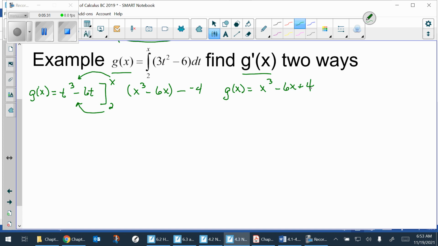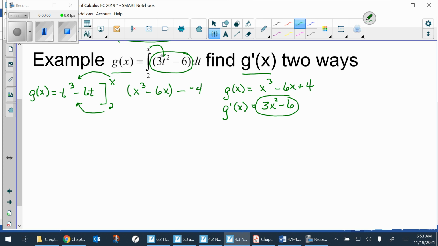Now the goal is to find g prime of x, so we'll take the derivative of that. Derivative of that is 3x squared minus 6. And you may notice that that's the same as this thing, just dropping the x in place of the variable.